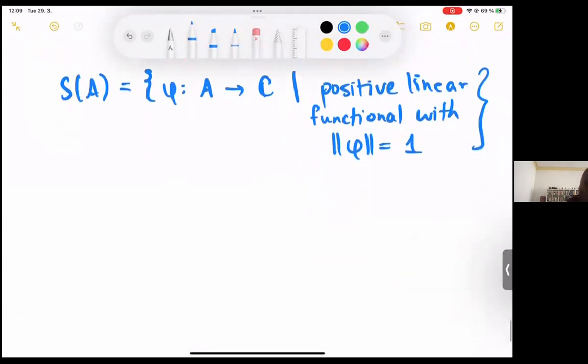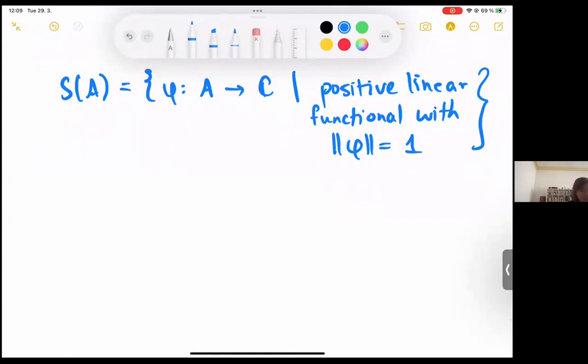And what we're building up to is a result that shows that any C-star algebra can always be represented as a C-star algebra of bounded operators on a Hilbert space. And we will make these Hilbert spaces out of linear functionals, or states rather.